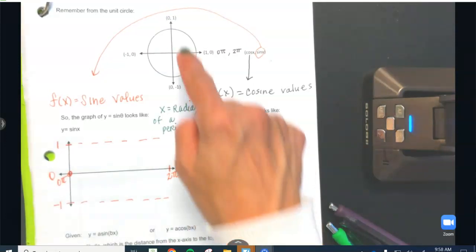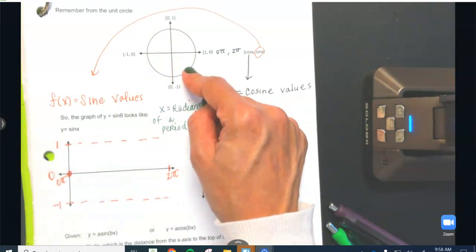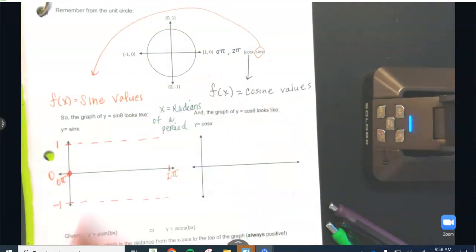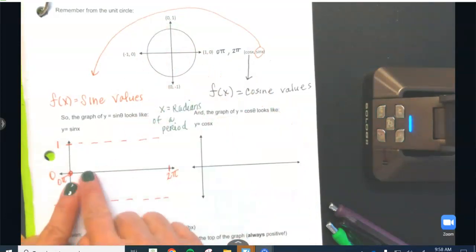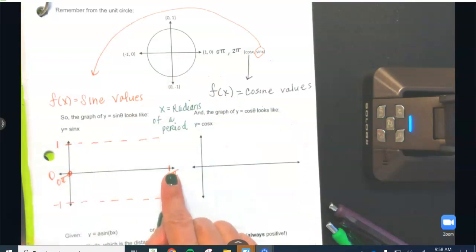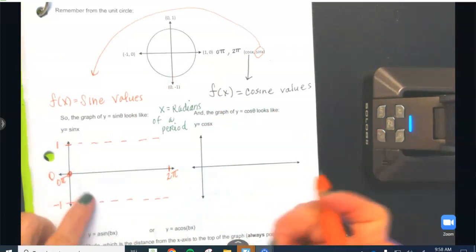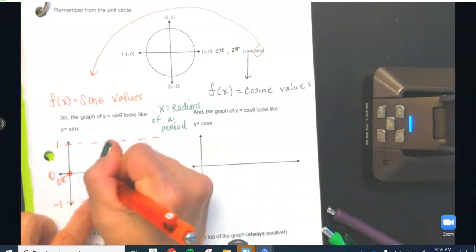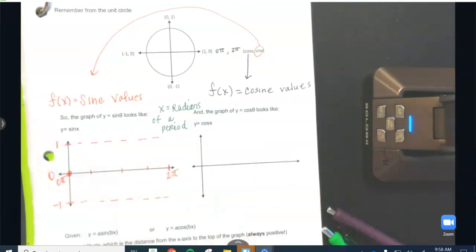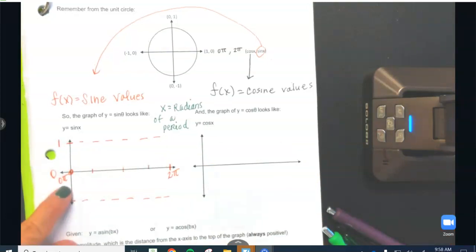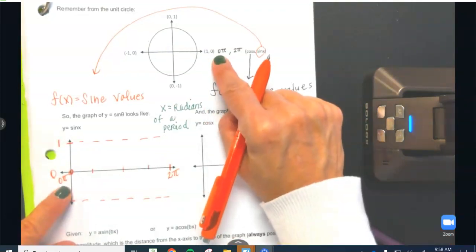Now look, 4 quadrants in a coordinate grid, 4 parts of a unit circle. We have to divvy this up into 4 parts. So I'm going to estimate my tick marks, and I'm going to try to space them as evenly as I can. Remember, this is the beginning.